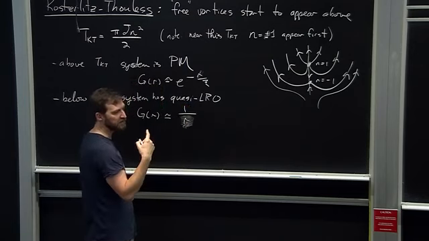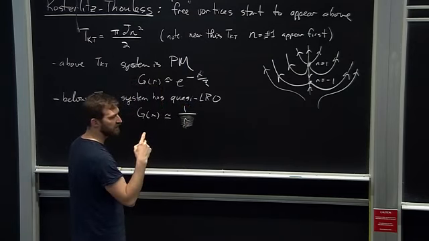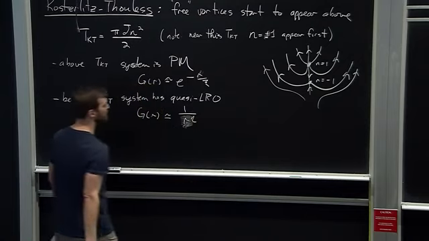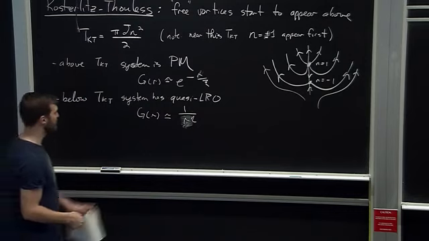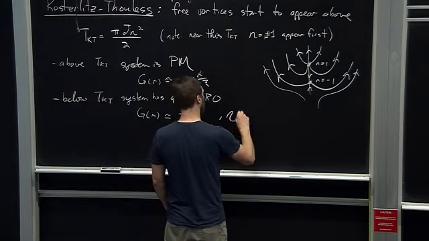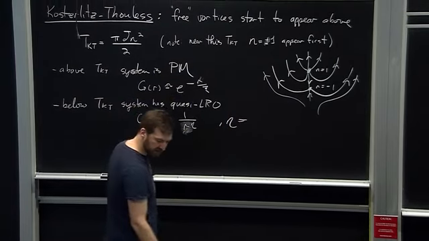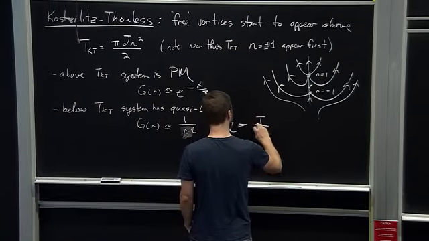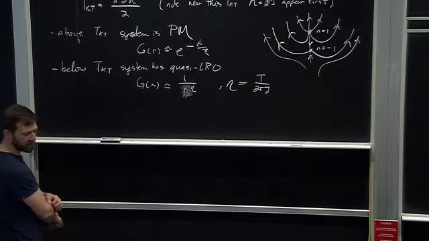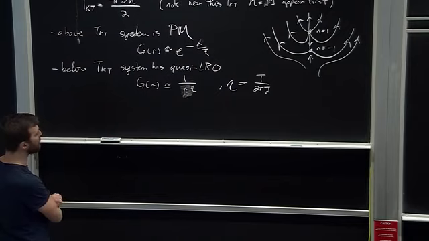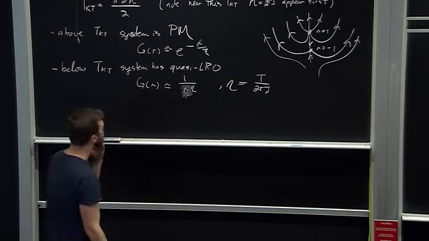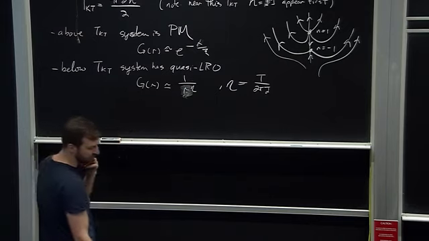Remember, the exponent is d minus 2 plus eta, and we're always in 2 dimensions. This is like the O(2) model in 2D, so we just have an eta. And I calculated this last time, in that Gaussian integral that I botched, but it's T over 2 pi J, where J is the coupling in front of the Hamiltonian. So that's sort of your anomalous dimension.